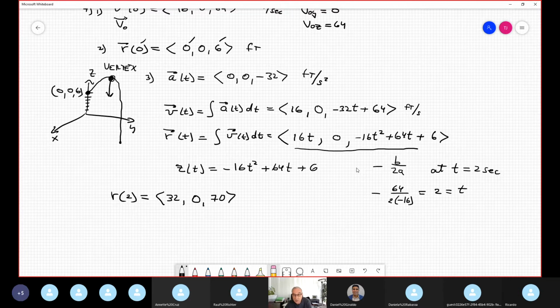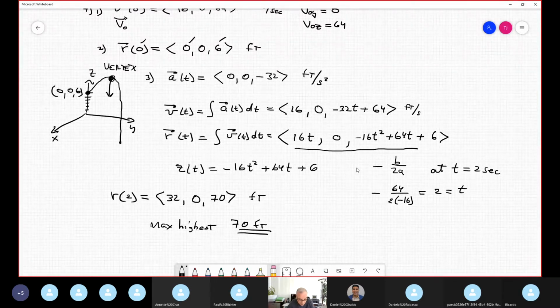O sea, when you plug in t equal to 2 here, 2 squared multiplied by this, 2 multiplied by 64 plus 6, is 70. This is in feet. Entonces I can see clear que in the z component, the maximum of the parabola is 70. O sea, the maximum height in this projectile motion is 70 feet.